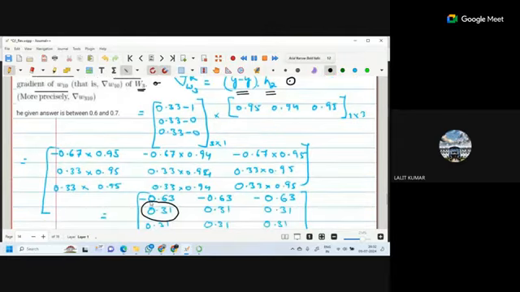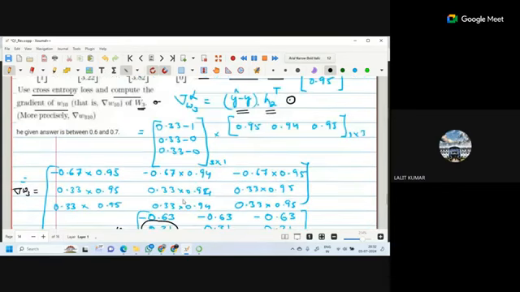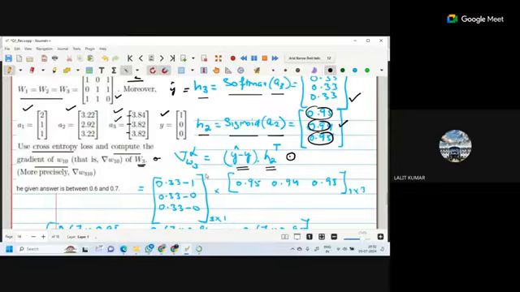So I get the gradient of W3, and this will be the entry asked for. So these are the steps. The only thing is that the sigmoid used here is 2 divided by this, so the values of H2 will change. Rest everything will remain the same.